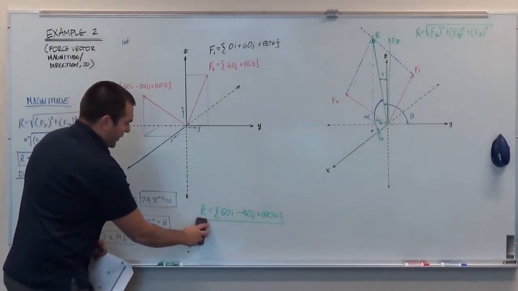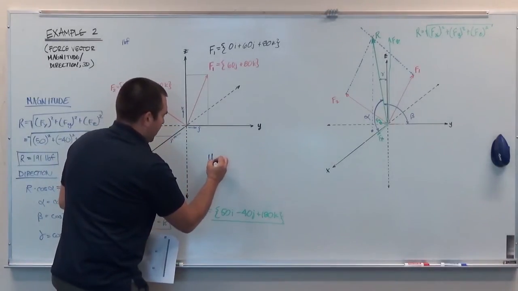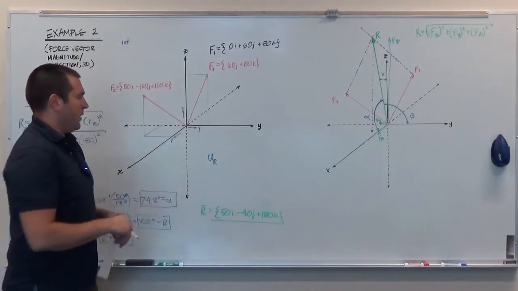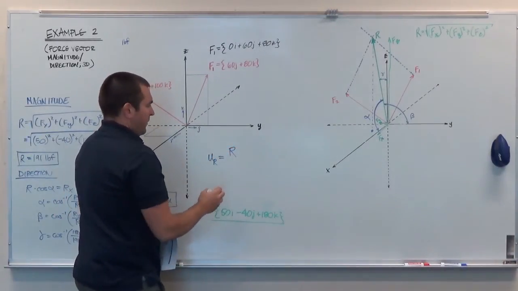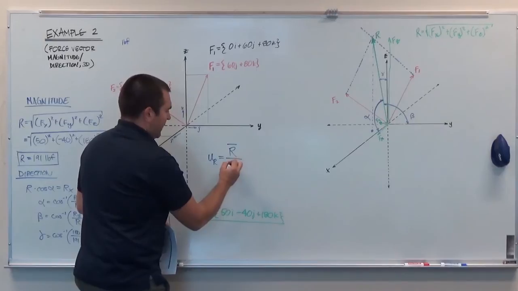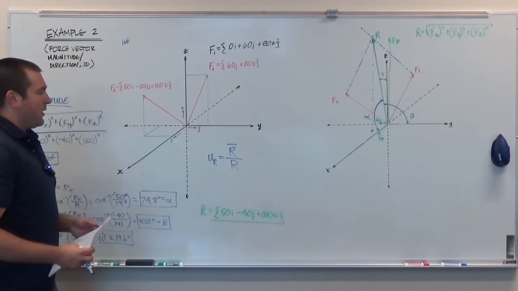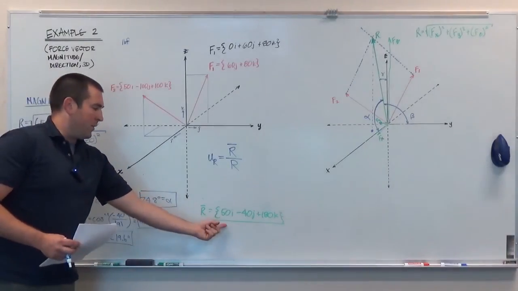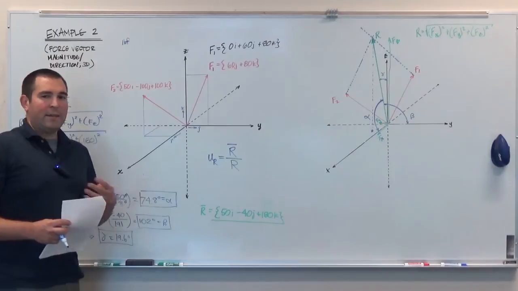So here, if I wanted to get a unit vector in the direction of that resultant, I would simply just have to take the resultant vector itself and divide it by its own magnitude. And that's going to give me a unit vector because I know the magnitude of this is 191. If I divide it by 191, I'll get a vector that has a magnitude of 1.